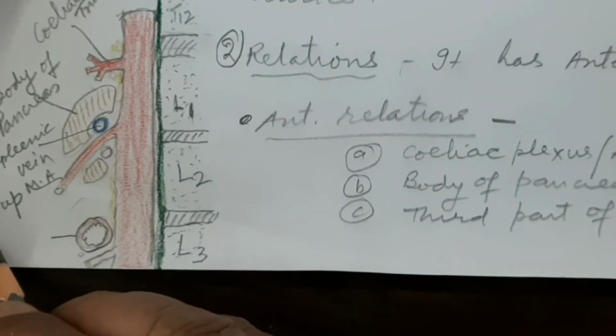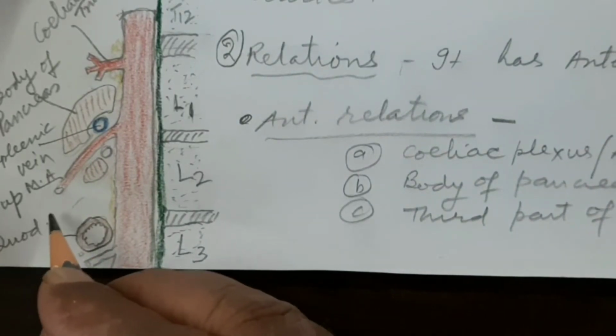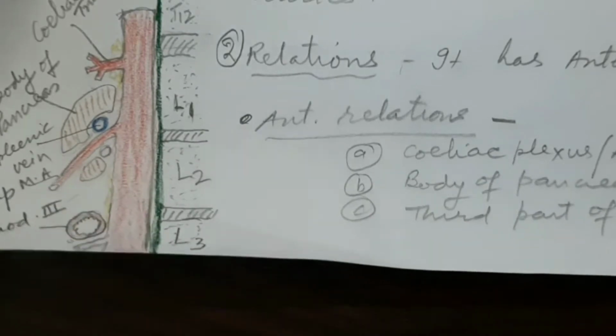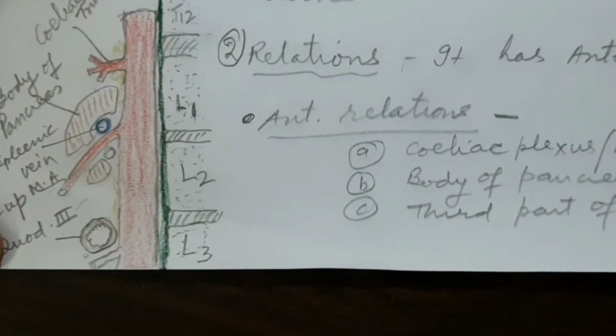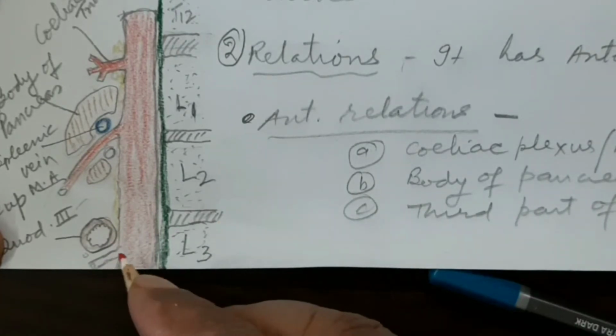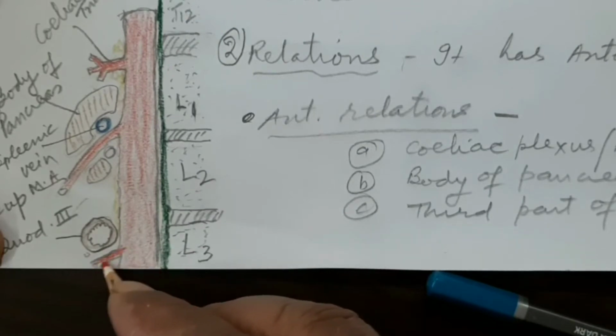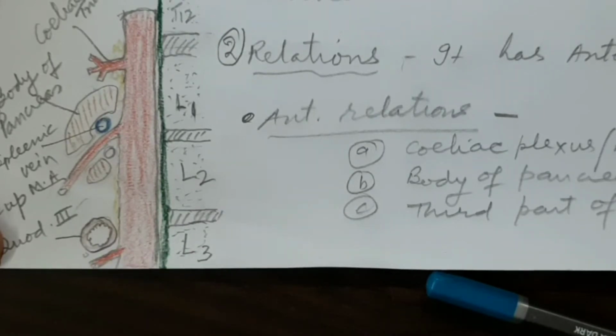And below this duodenum there will be the origin of another artery from the ventral aspect, and this is called the inferior mesenteric artery.